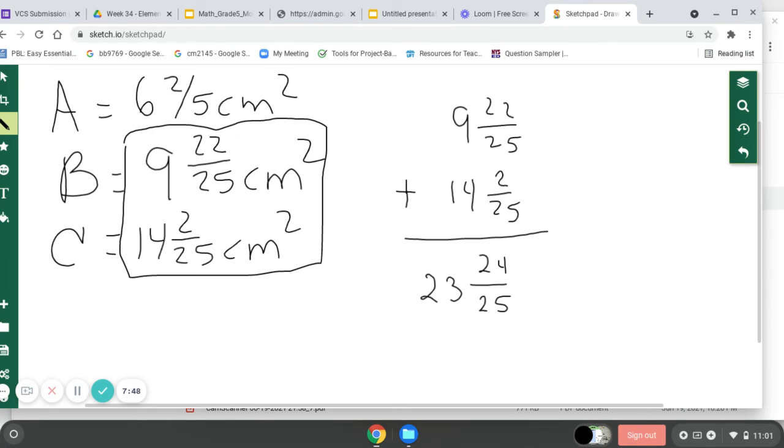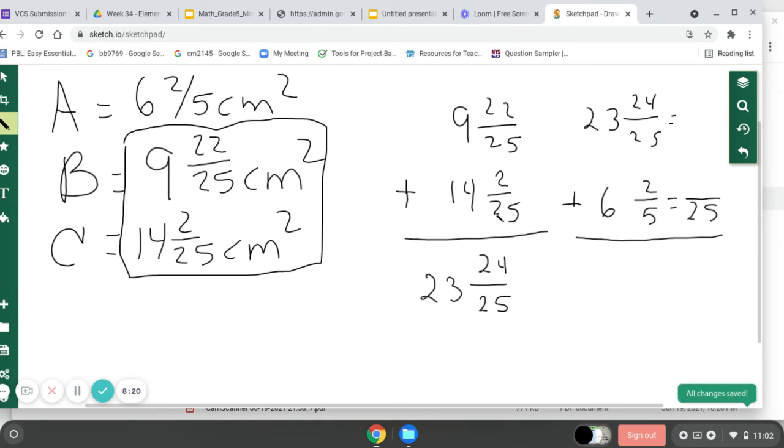So now let's take the 23 and 24/25 and let's add to it the 6 and 2/5. Now this addition isn't as easy because what are we noticing? We're noticing that the denominators are different. So we're going to have to find a common denominator, and that common denominator will be 25.